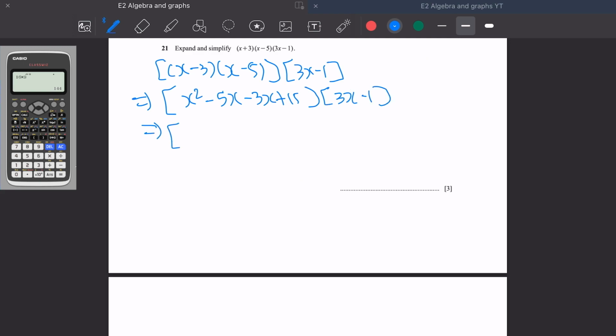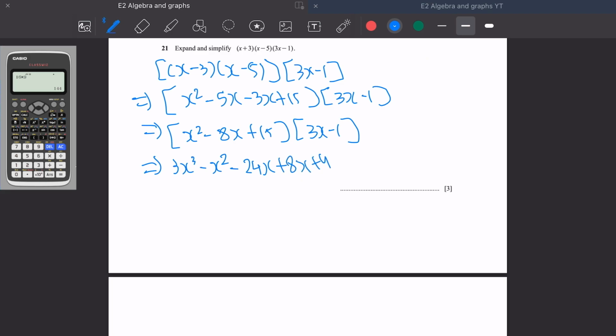This becomes x squared minus 8x plus 15 into 3x minus 1. This is 3x cubed minus x squared minus 24x squared plus 8x plus 45x minus 15.